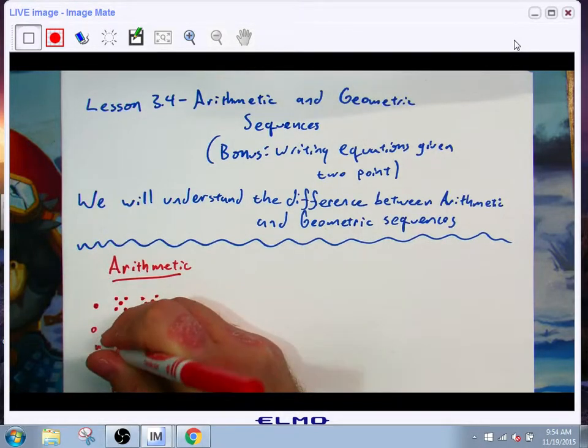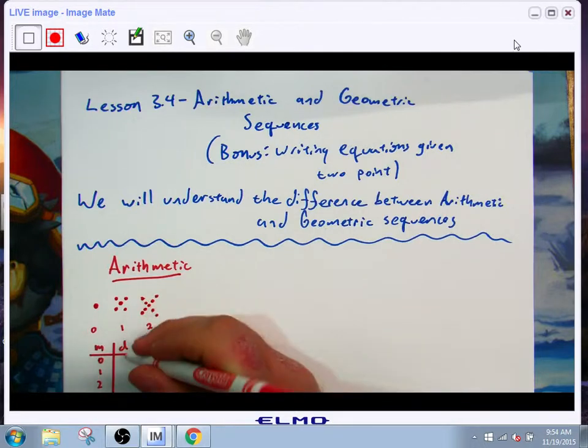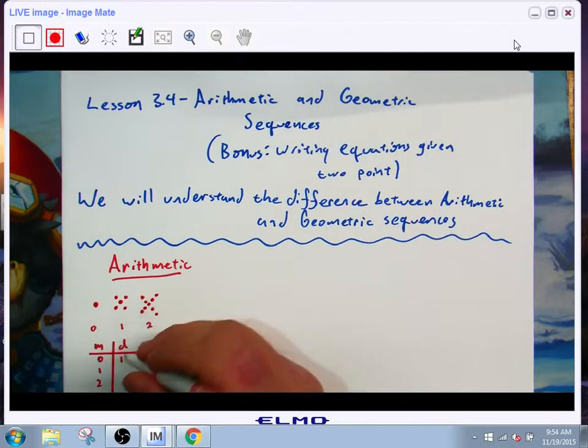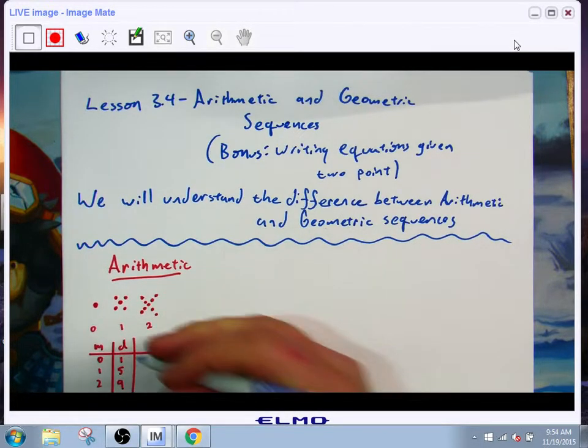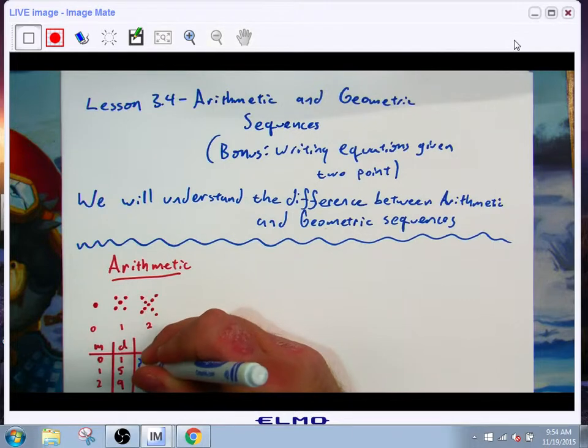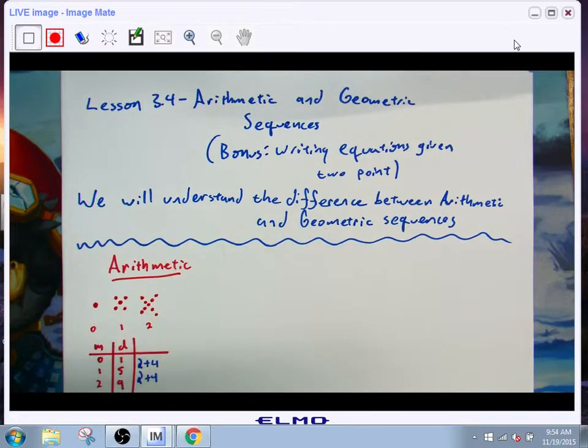I'd say minute 0, 1, 2. Dots would be at 0 I have 1, I have 5, I have 9. And when I look at what my change is, when I go from one step to the other, what am I doing? I'm adding 4. Plus 4, plus 4, plus 4. This is an arithmetic sequence.